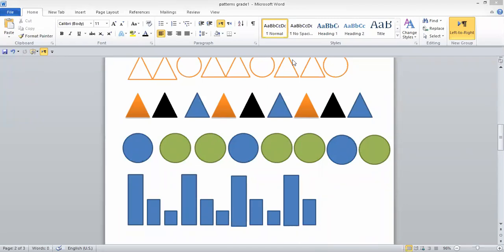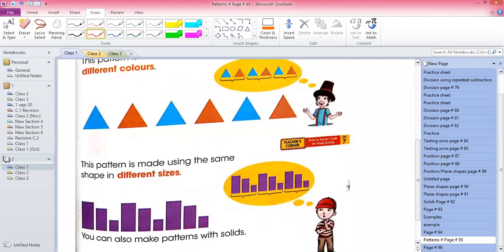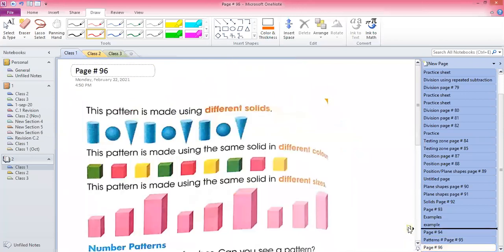All right, guys. So we are going to learn about patterns in solids also. For this, I'm going to move to page number 96 of your book. So guys, like shapes, we can make patterns by using solids also. How? Look at page number 96 of your book.